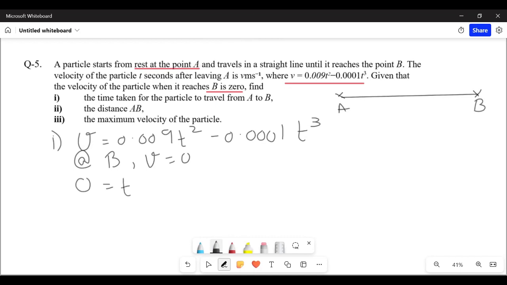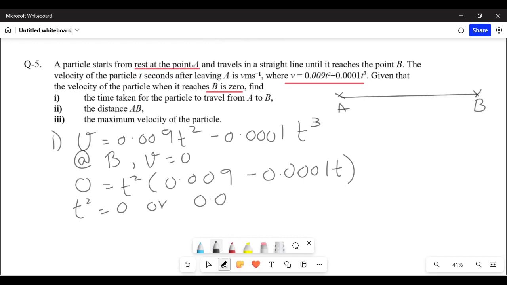I'm going to take t square common. So t square times (0.009 minus 0.0001 t) equals 0, so t square equals 0, or 0.009 minus 0.0001 t equals 0. From here we get t equals 0. This is the time at A, because at A, v was also 0.